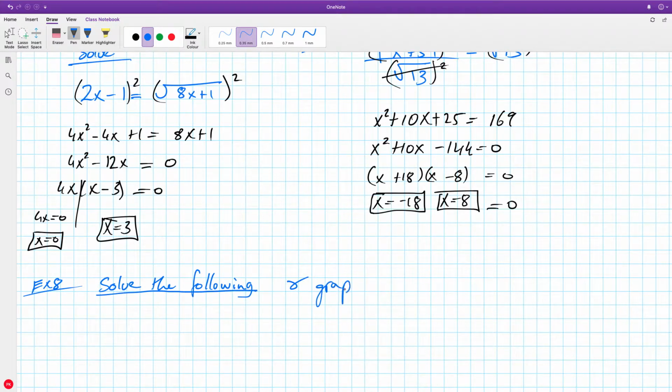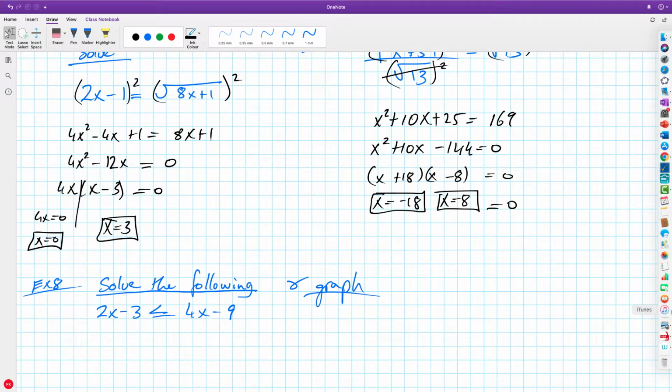You're always going to be asked to graph an inequality. So solve the following and graph it for me, guys. 2x minus 3 less than or equal to 4x minus 9. So this is just a basic one to get us going. It's the quadratics we focus on there.